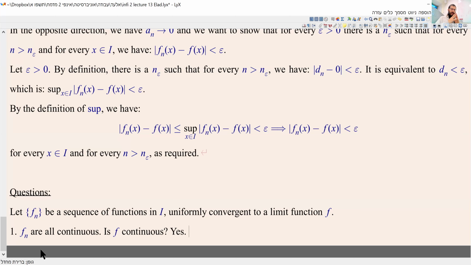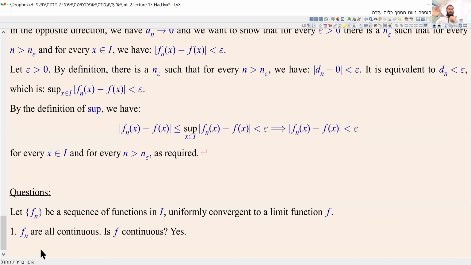What I want to say here is that, first of all, it is not going both ways. I mean, let's write it down. Note.